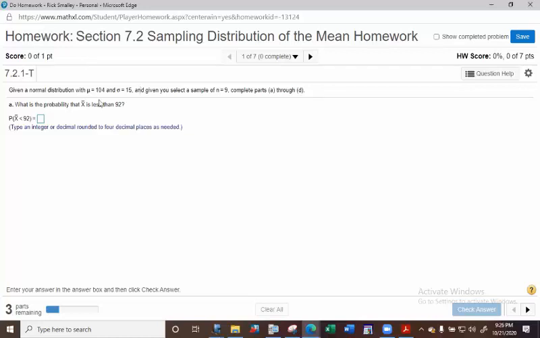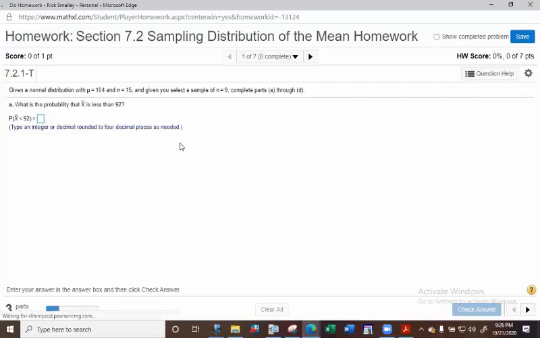So let's see what we got here. We've got a normal distribution with mean 104, standard deviation 15, and sample size is 9. What is the probability that X bar is less than 92? I'm going to go with the fact that, for the folks listening to the show here, we've had this discussion before as far as voting yes to using the calculator for this, so I won't do this by hand.